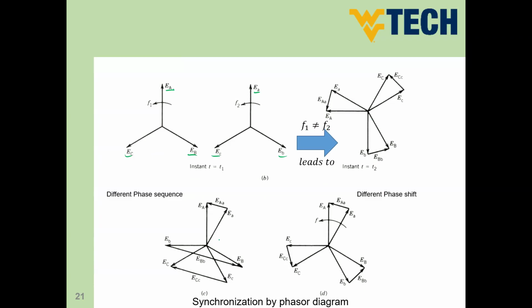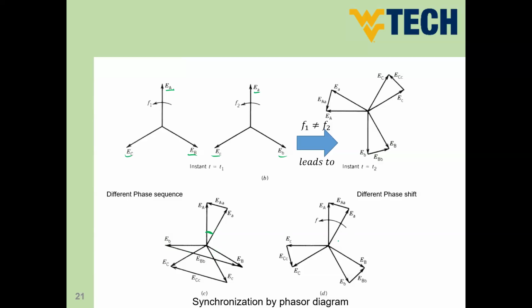Here, this condition is for the phase sequence along with a phase shift, because between the generator A and infinite bus A vectors, you have a phase shift right here. So this is a case of a different sequence and a phase shift at the same time.